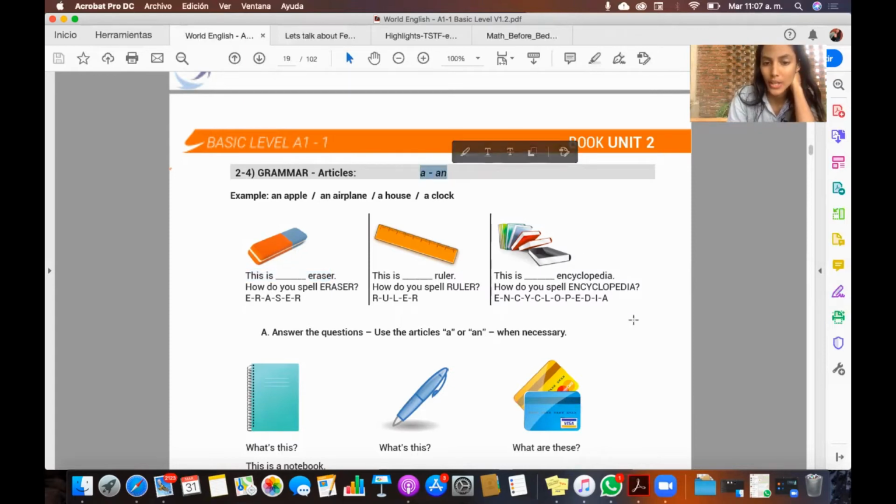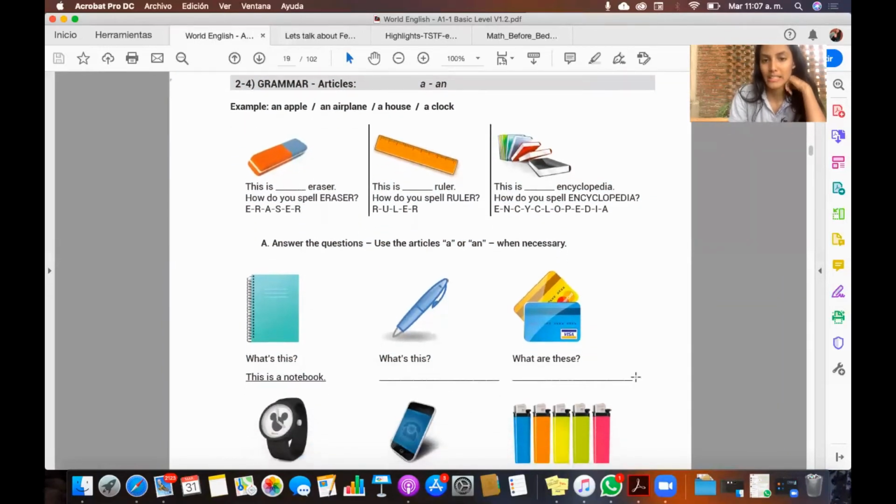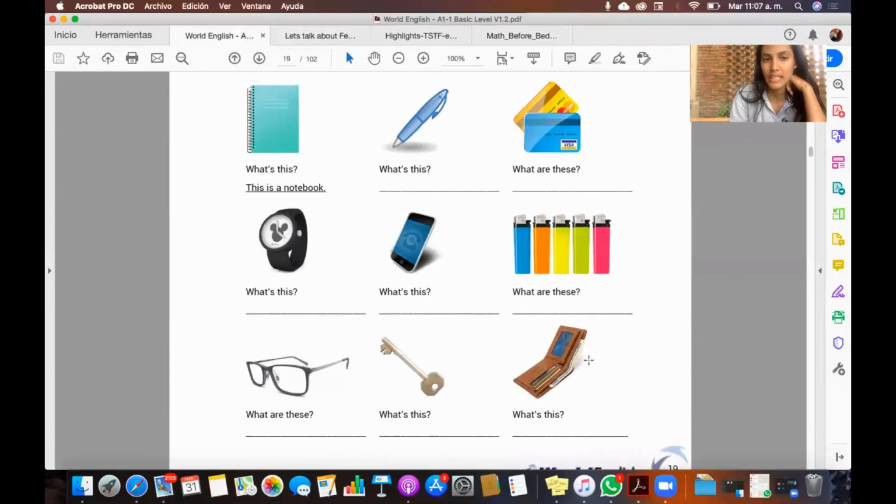I hope it's clear. So, you have to do this exercise in here. What's this? This is a notebook, right? Because this sustantivo o nombre no empieza con vocal, empieza con N. N es una consonante, entonces usamos A. So, you have to search for the name of these, and then you make the exercise.